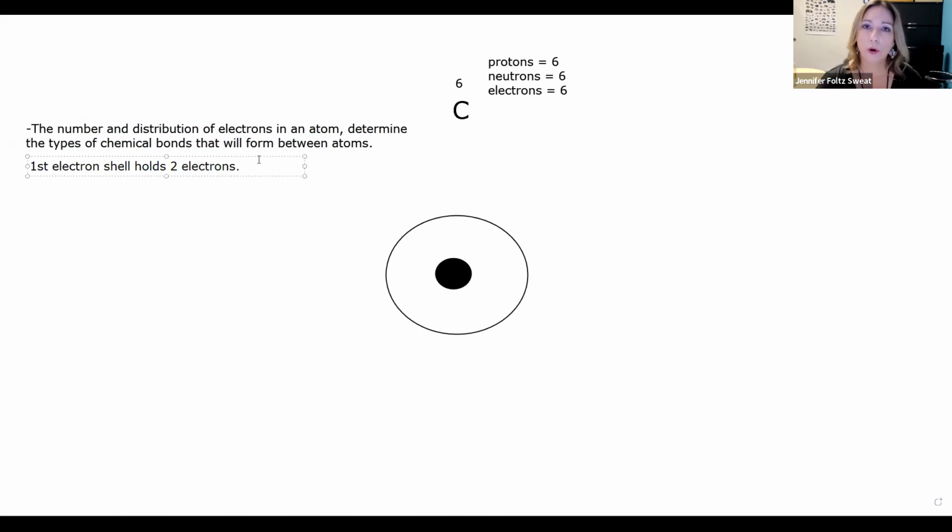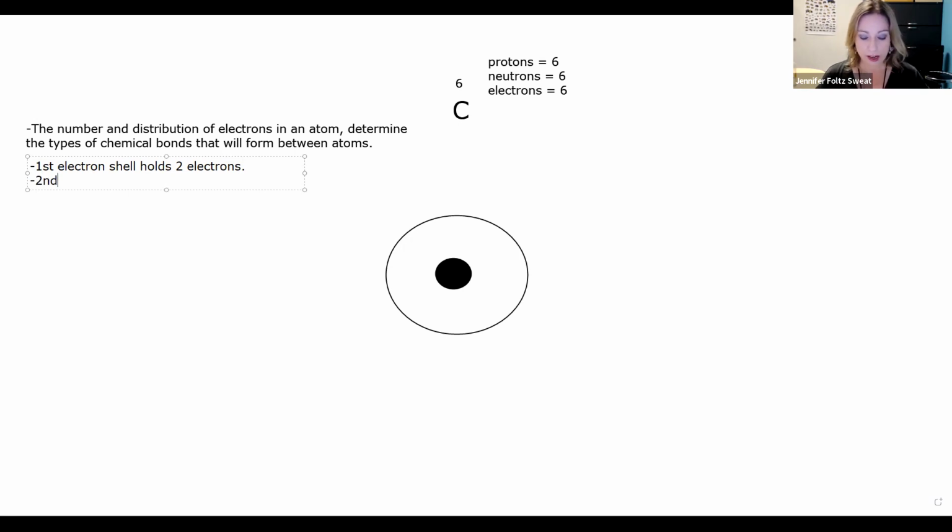So in order for an atom to be stable, in the sense that it will not form chemical bonds, it needs to have 2 electrons in that shell. Now, if you are taking chemistry, you will realize that this is a simplification of how electron shells work. But for our purposes, this is fine.